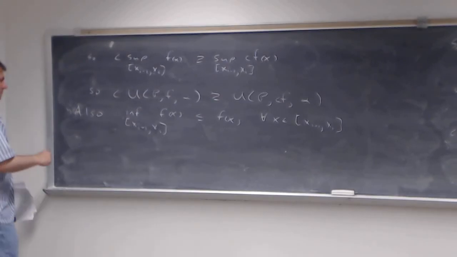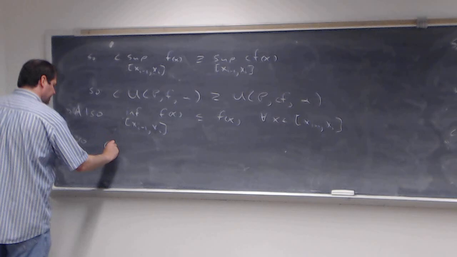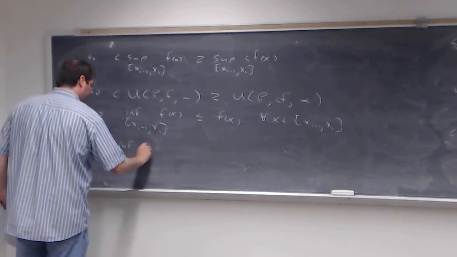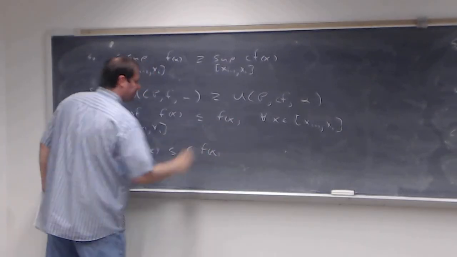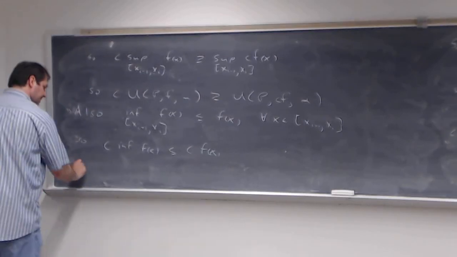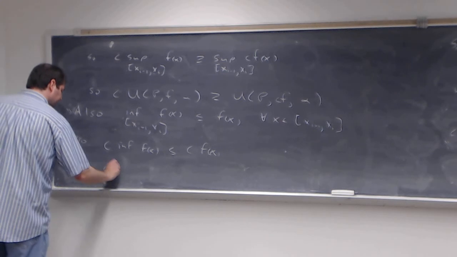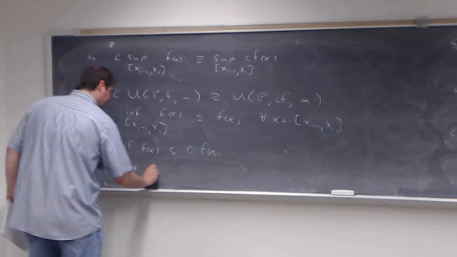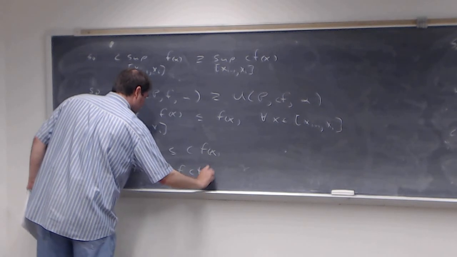Excuse me. And so, since C is positive, we have C times the infimum of f of x will be less than or equal to C times f of x. So forgive me, I'll stop writing the subintervals here. And so what that says is that C times the infimum of f will be less than or equal to the infimum of C times f of x.